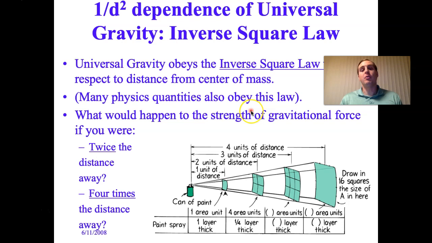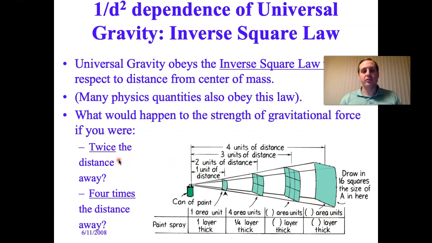Notice that if you were at 3 Earth radii from the center of the Earth as opposed to 1 Earth radius, you should be at 1/9 the gravity force, because it's 1 over radius squared, because again, you have 9 times the surface area. Okay? And this just continues. 4 times as far away, 1/16, and so on.